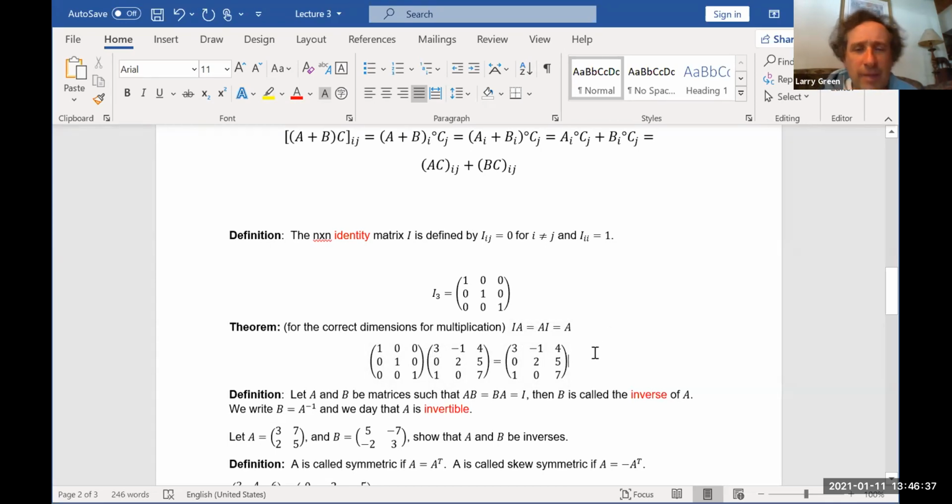Okay, let me just restate the theorem in words. The identity matrix is the multiplicative identity.